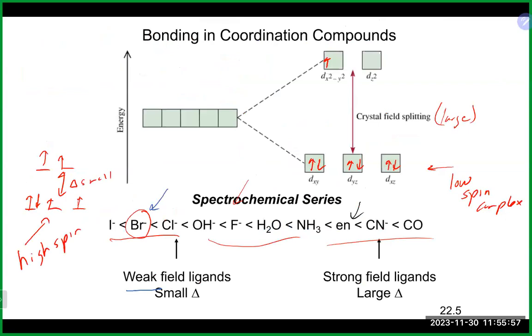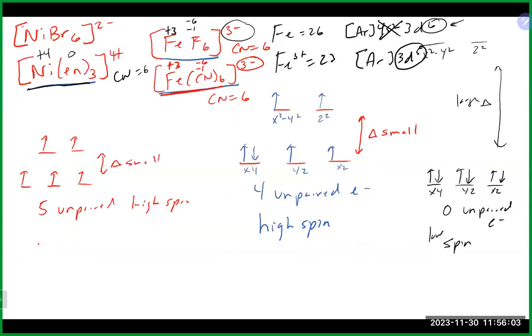The difference here is the ligand attached is definitely more of a strong field ligand, so we're going to get that bigger separation of those d orbitals. Large. So distributing the 5 in this case, we will actually come back here and pair up, leaving us only one unpaired electron.